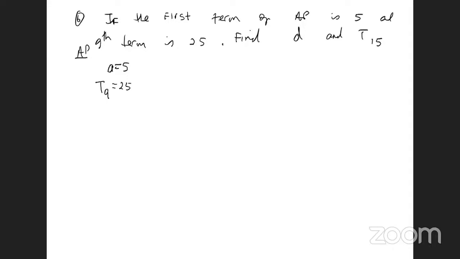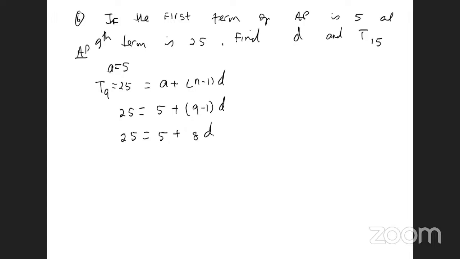So how do I write the 9th term? The 9th term will be A plus N minus 1 by D. The 9th term is 25. We know A is 5, N is 9. And we want to solve for D. All right? So this will be 25 is equal to 5 plus 8D.